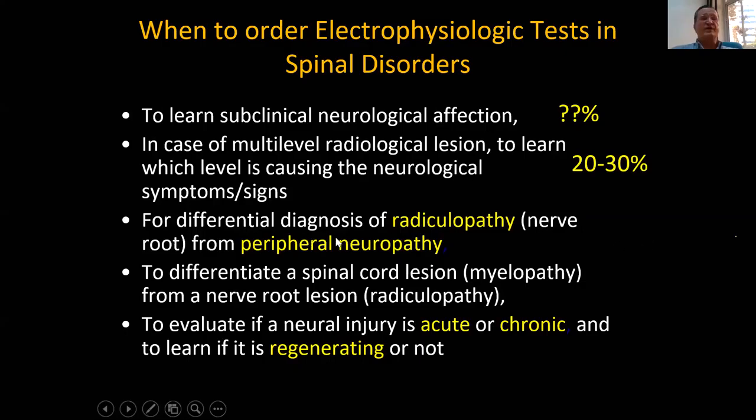For differential diagnosis of radiculopathy from peripheral neuropathy, it is not known well. Actually, I'm very curious whether the differentiation is possible. To differentiate a spinal cord lesion from a nerve root lesion, probably in 10% it may be done. To evaluate if a neural injury is acute or chronic, and to learn if it is regenerating or not, probably 60 to 80%.